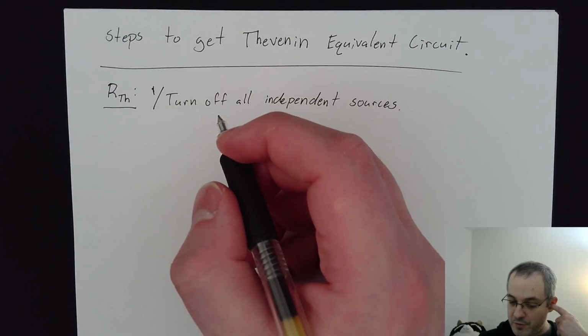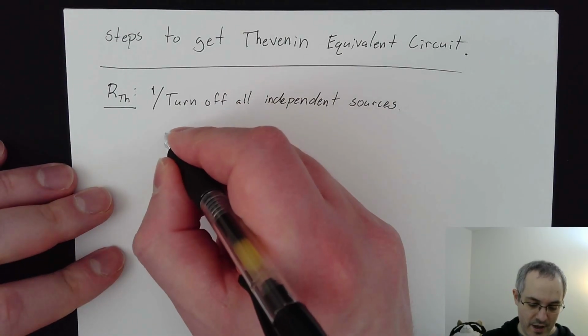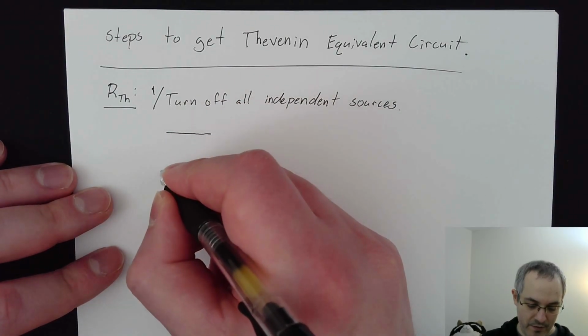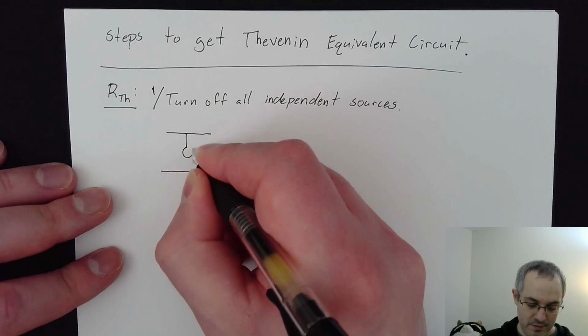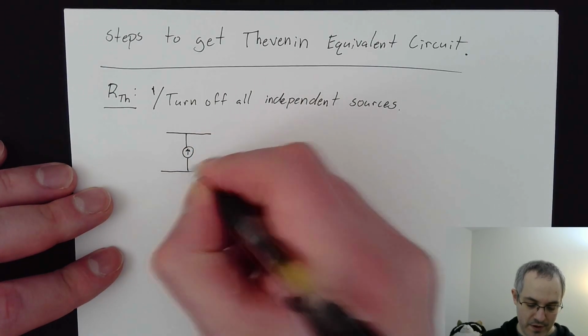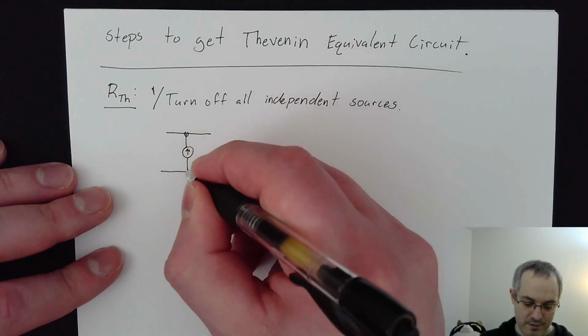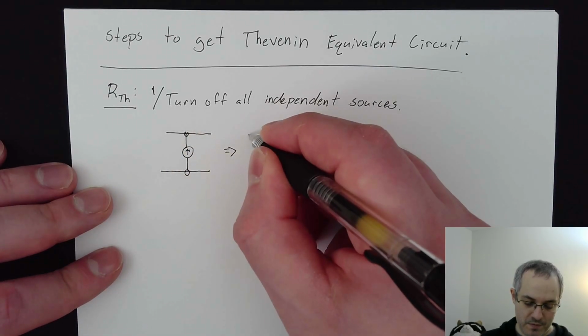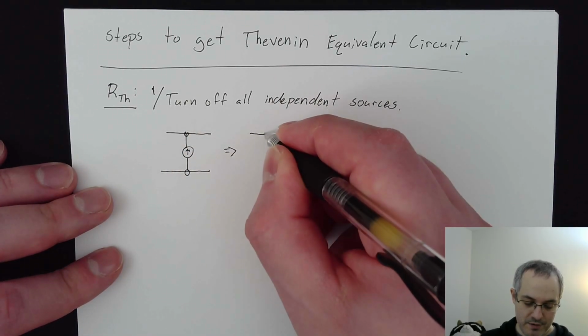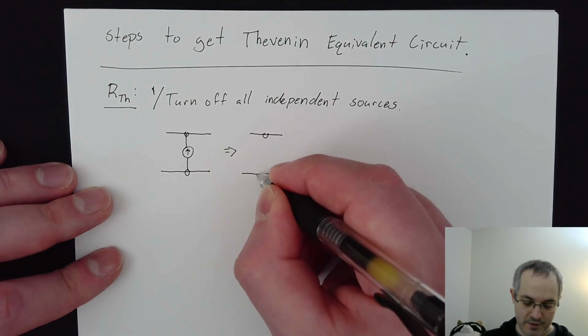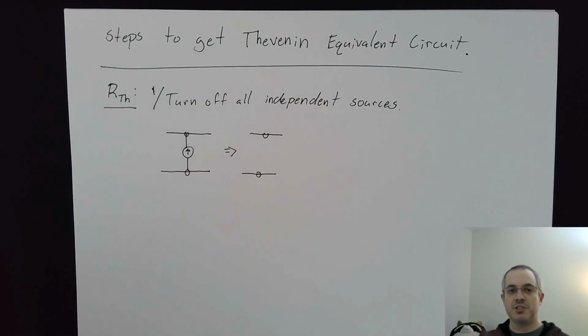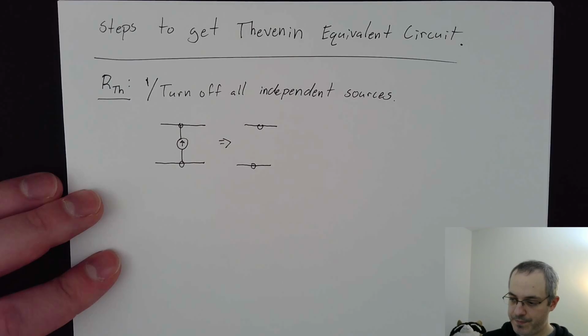Easiest way for me is if you have a current source, remember that to turn that off, draw a little node symbol there. Turn your current source off. In order to have 0 current, it's just blank. Just get rid of it.